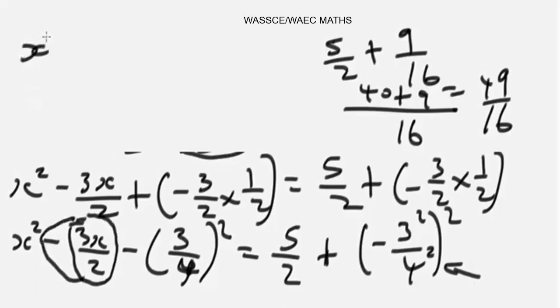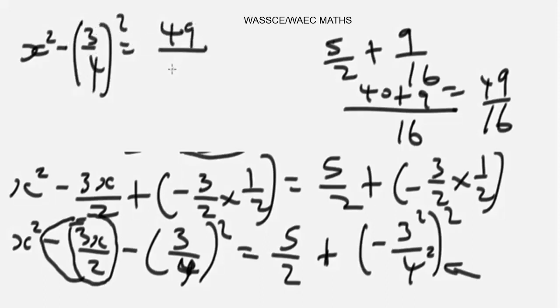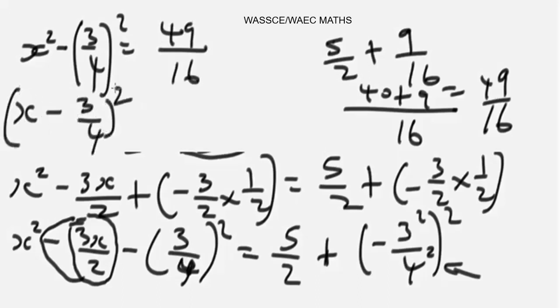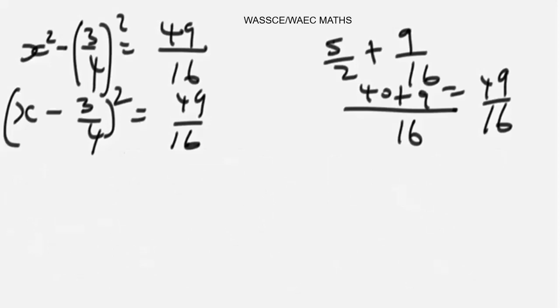So we're going to have (x - 3/4)² = 49/16. Let me write below. At this point, to make x the subject of the formula, you have to square root both sides.